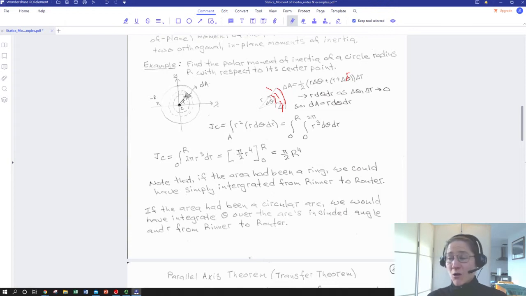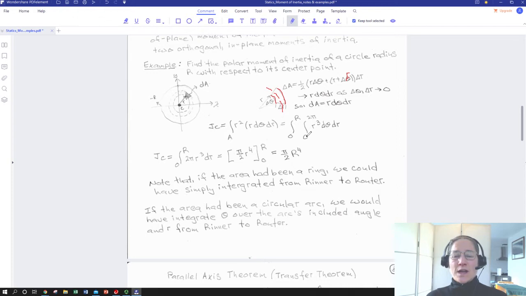Do we want to integrate all the way from the middle and get a disk? Do we want to integrate from one r to another and get some kind of ring? Simply by adjusting our limits of integration, we can get a whole circle, a pie, a ring, or any bit of those. So in this case, we want the whole disk.